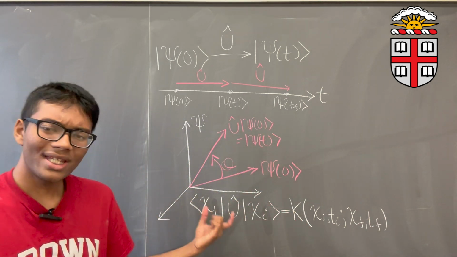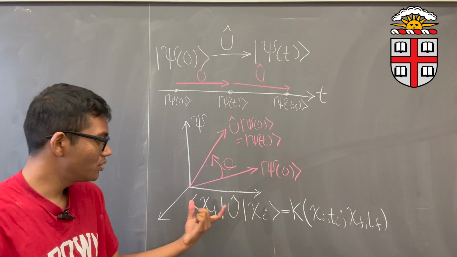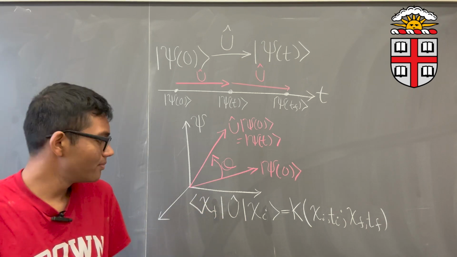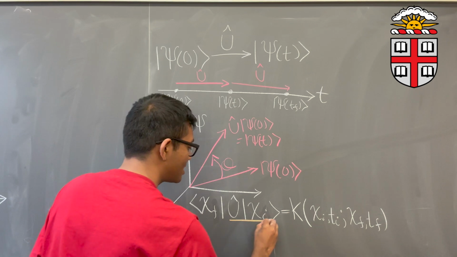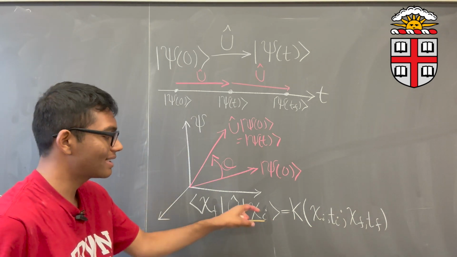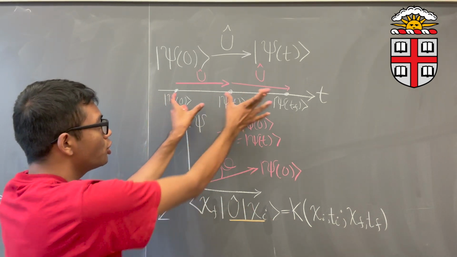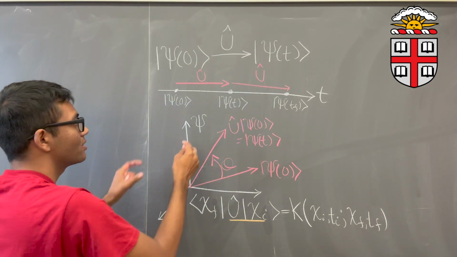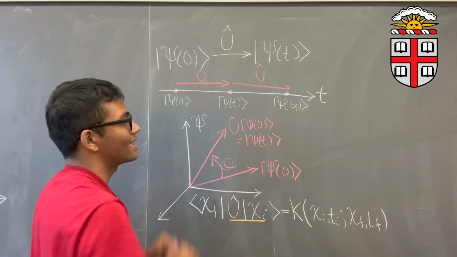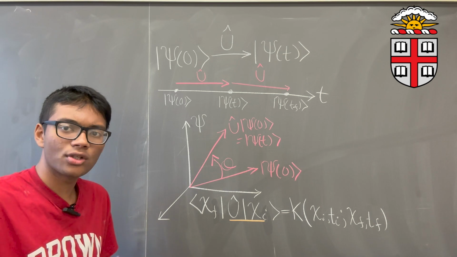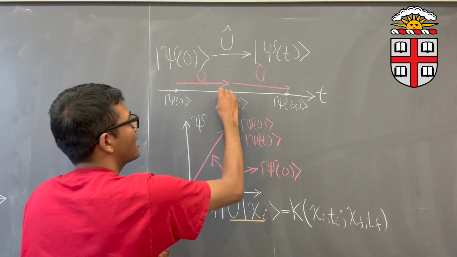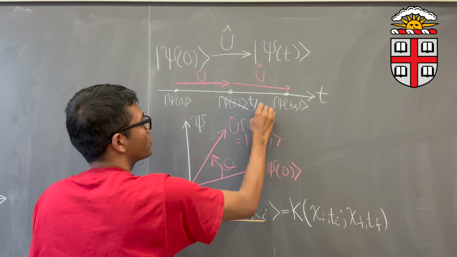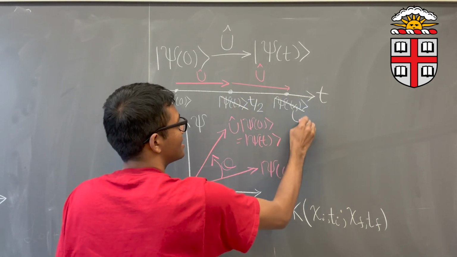Now, we can break this up into two different pieces because first of all, I can break up this unitary time evolution operator acting on x sub i as two unitary operators. That looks something like this. Let's say that instead of psi sub t, I'm going to call this t over 2 and call this t.